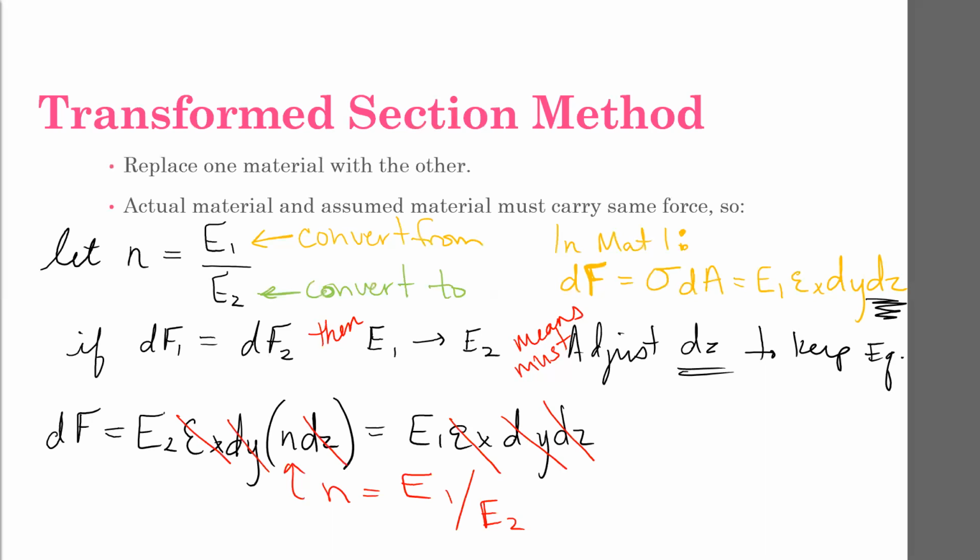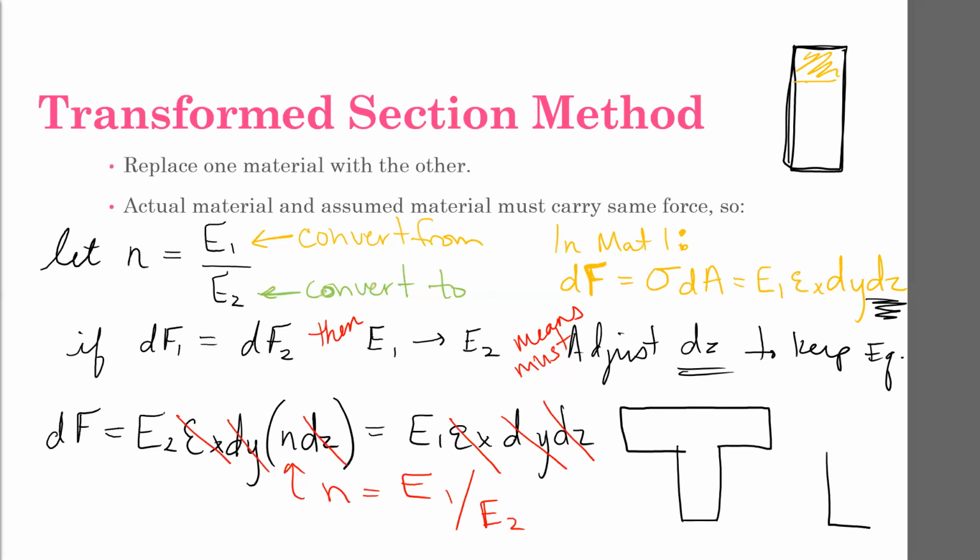So if I start with a rectangular cross section, remember, and I had material 1 up here on top, and now I want to change that to material 2, depending on the ratios of E1 and E2, I'm either going to end up with something like this, or something like that, where this dimension here is n times b.